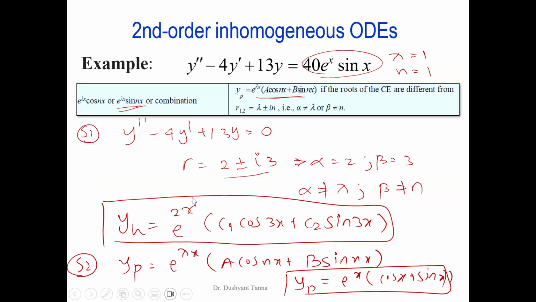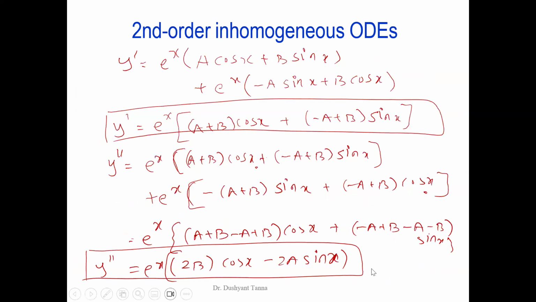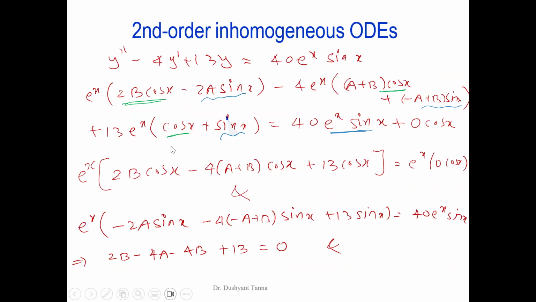What was our y? It had a and b, isn't it? Sorry, I missed a and b here. So where it will affect, 13a cos and 13b sin.